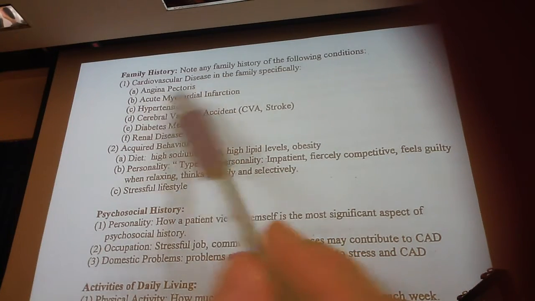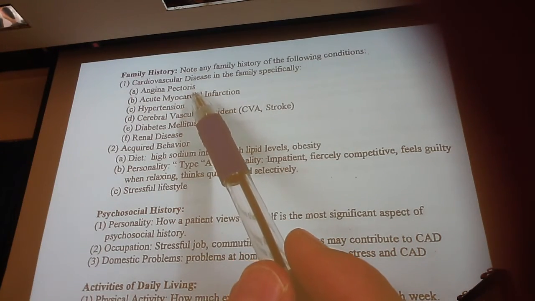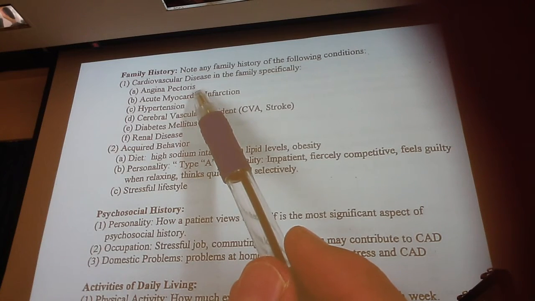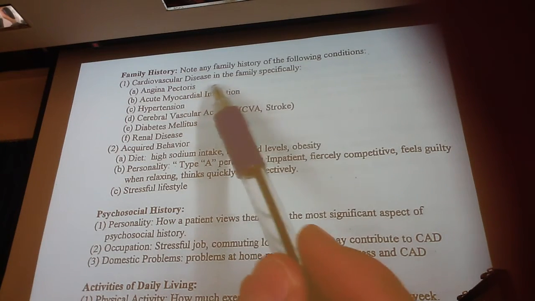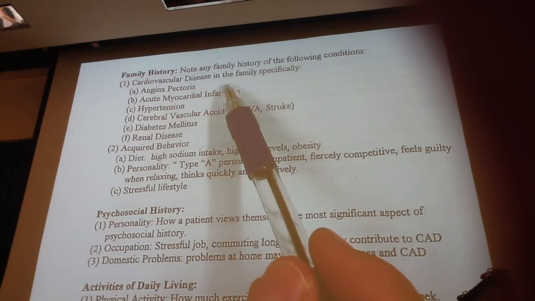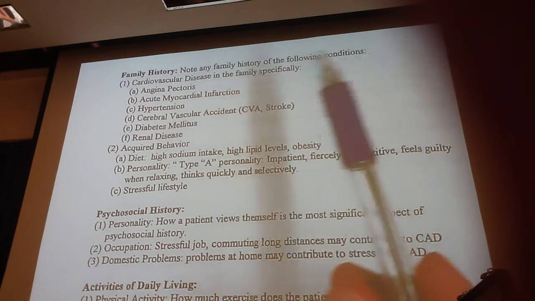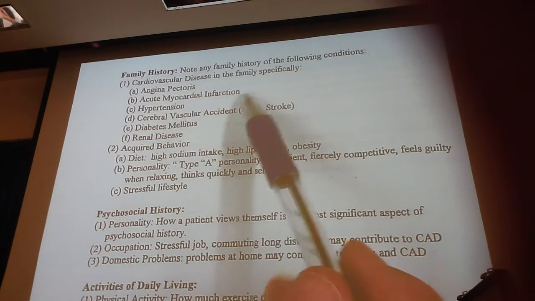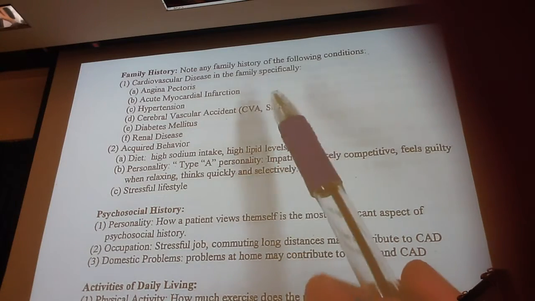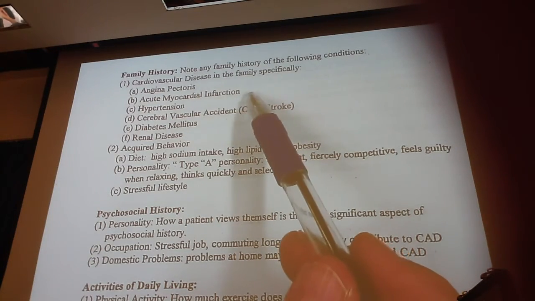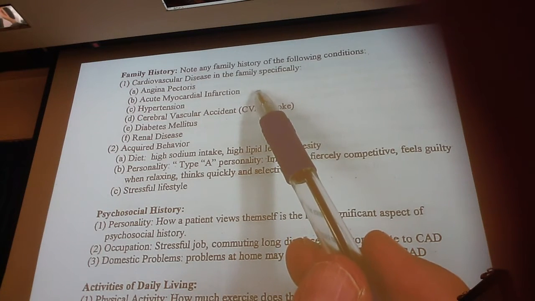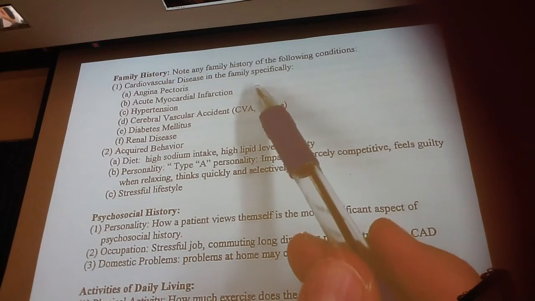So, any history of angina pectoris? Everyone knows what that is, correct? That's chest pain, usually chest pain that you get on exertion. You have a history of acute myocardial infarction. What is the possibility of you surviving a heart attack? First time you have a heart attack, what are your odds of surviving?